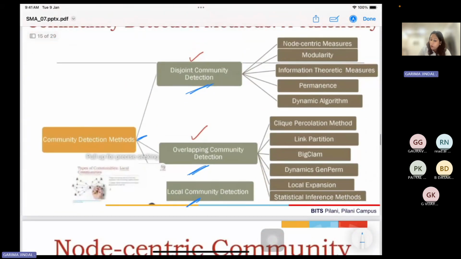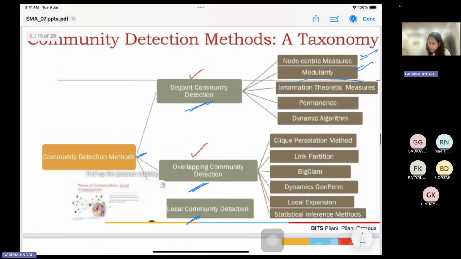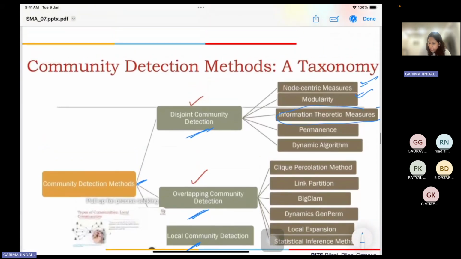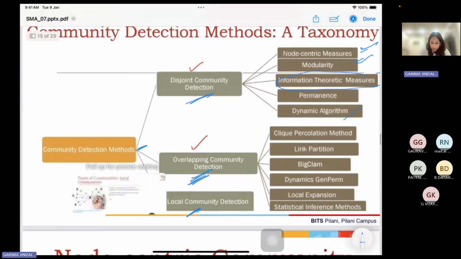So we will be seeing these different algorithms: node-centric measures, modularity (we will not be seeing this particular method), and then the dynamic algorithm. Then we have certain algorithms for overlapping communities and local community detection that we will see in our next two lectures. This is a very important topic, and we will be dedicating almost 3 lectures to it.